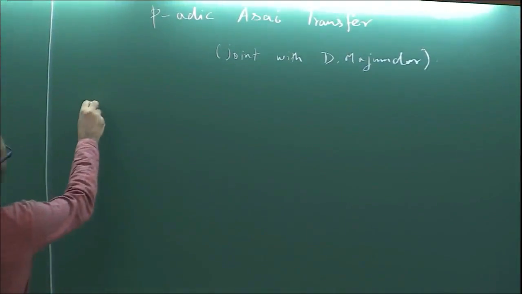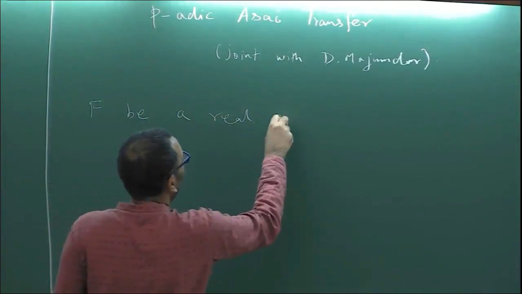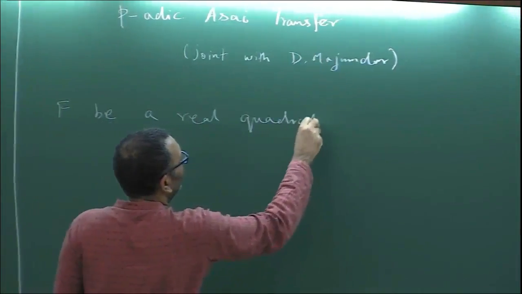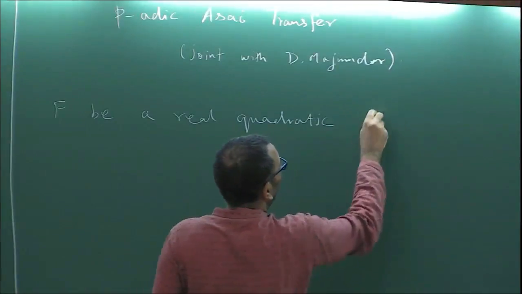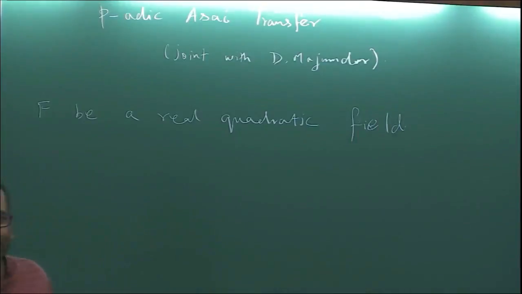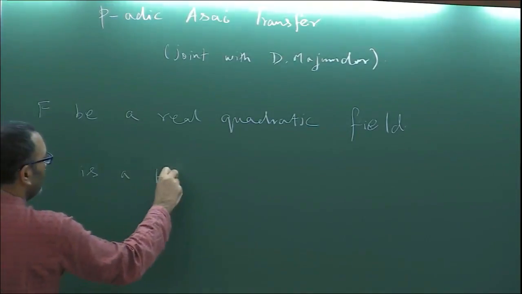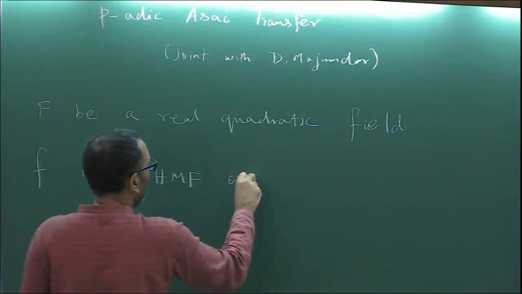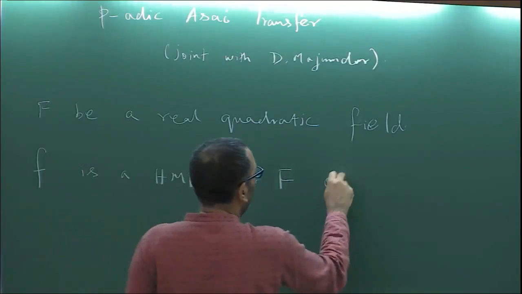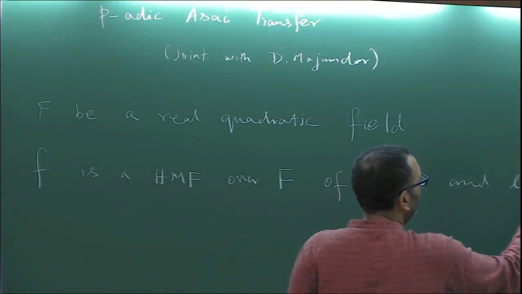So let F be a real quadratic field, as opposed to the imaginary quadratic field, which was what we were looking at yesterday. And suppose f is a Hilbert modular form over capital F of, let's say, weight k and level 1.